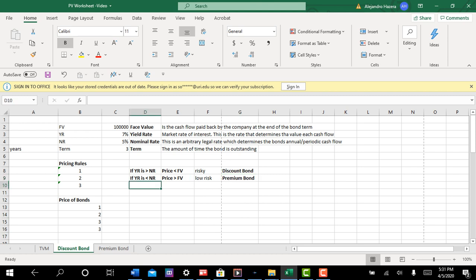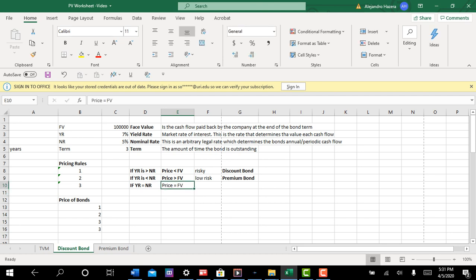And the final rule is, you can guess, if the yield rate is equal to the nominal rate on the bond, the price will be equal to the face value.